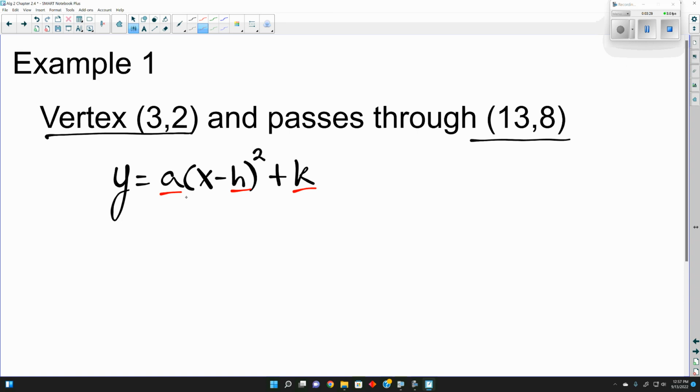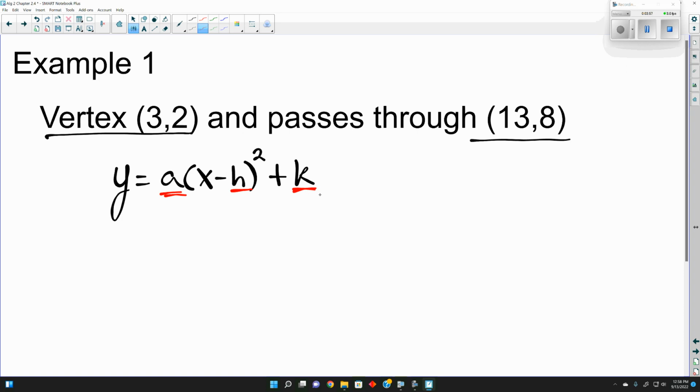X and y are a part of the equation, our input output, so we're not really needing to plug numbers in. So x and y is our input output. We'll have those in the final equation. The main things that we're missing are the values of a, h, and k.